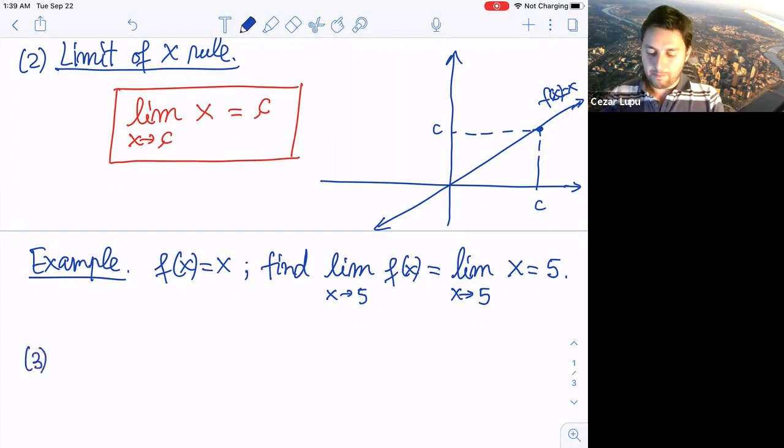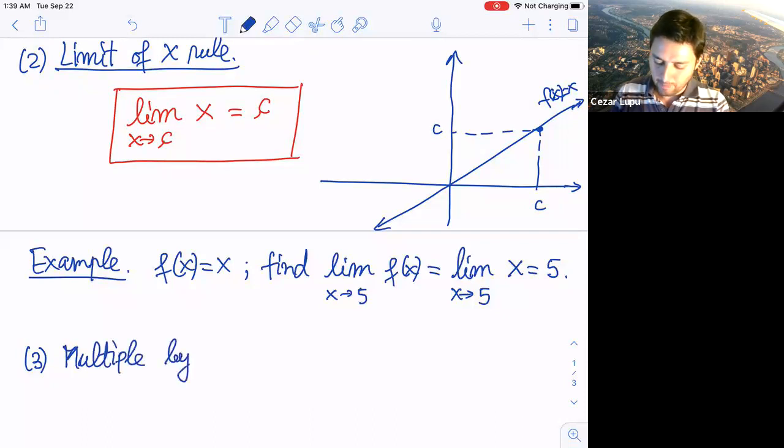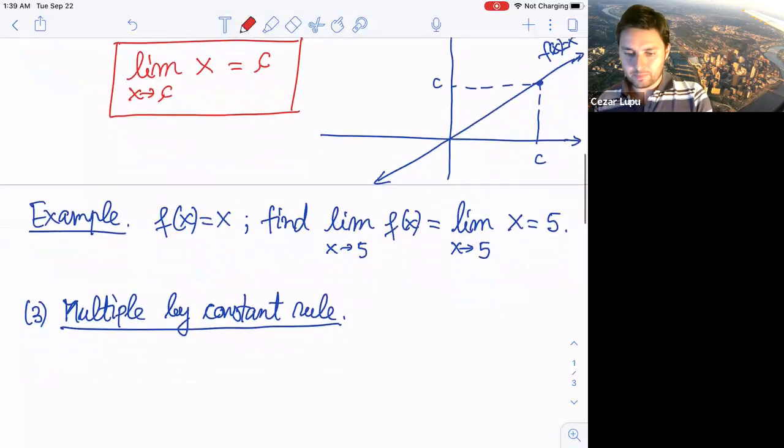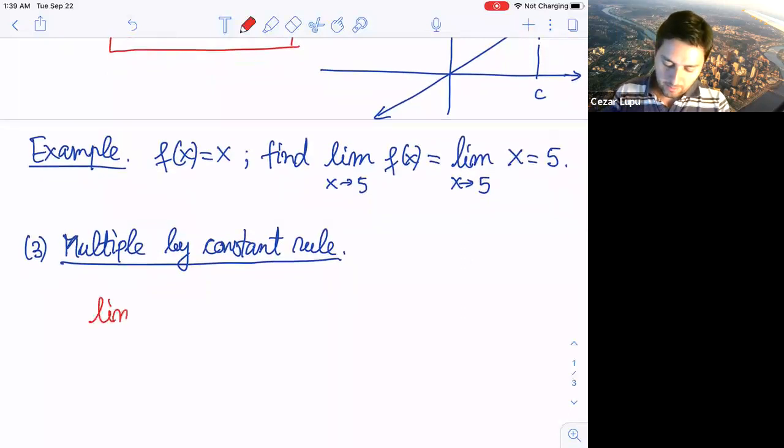Okay. Now, what if we have the constant multiple rule? Multiple by a constant rule, let's call this anyway. Here we'll have the following. In other words, it will be similar to the previous one, but in this case, the only difference is that here I'll have a constant.